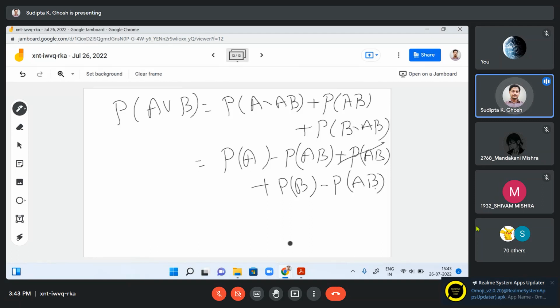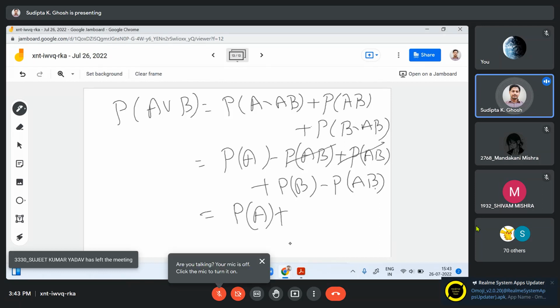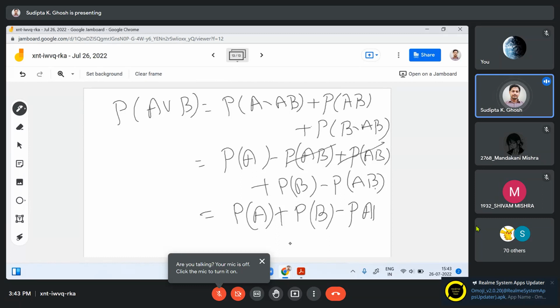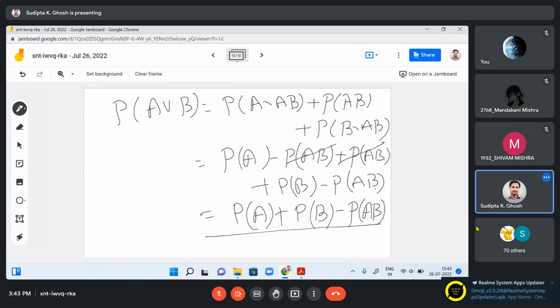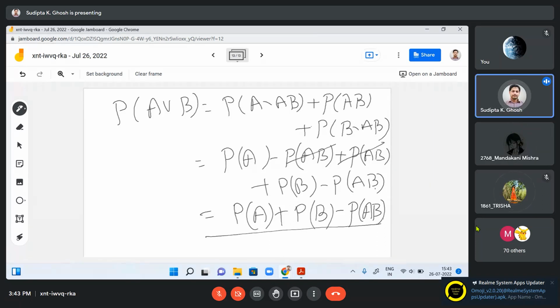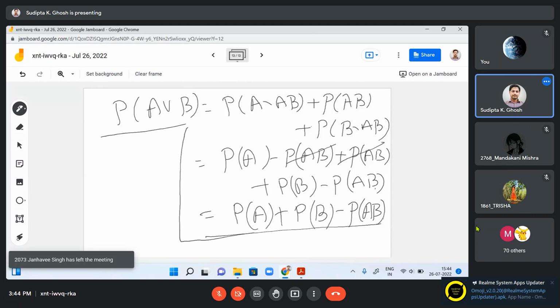I can cancel one term. So finally, I am getting probability of A plus probability of B minus probability of AB. Is it fine for everyone? Exactly. So that thing I have established here. The probability of A union B is given this way.